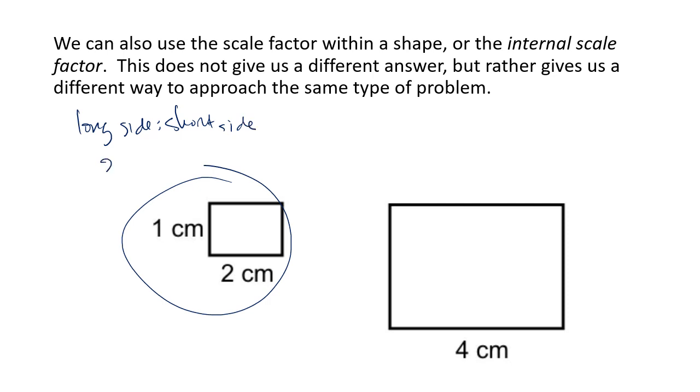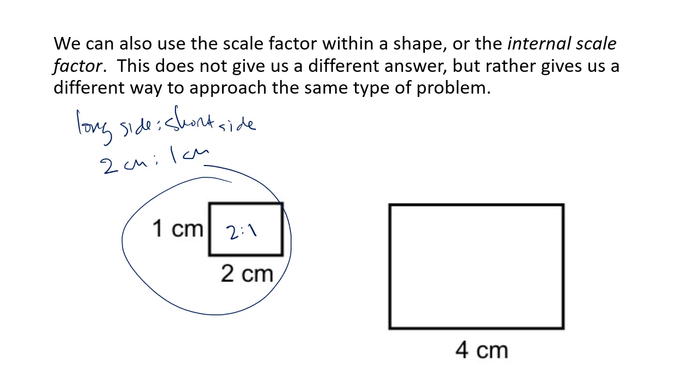I know my long side is 2 centimeters, my short side is 1 centimeter, and so I've got this ratio of 2 to 1, long side to short side. Now, every rectangle that's similar to this rectangle has to have this internal scale factor that matches 2 to 1. And if it holds for any other rectangle, be it bigger or smaller, then I know it is similar to this rectangle. Now, the external scale factor that we looked at a moment ago is still going to hold, but the confusing part is that it's going to be a different scale factor.